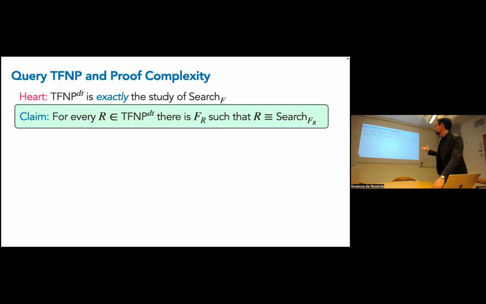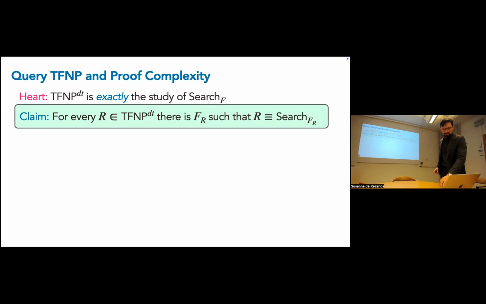So the reason you get this connection to proof complexity is that for TFNP, in the black box world, you can really forget about the particular total search problems you're working with and just focus on the false clause search problem. So everything can be rephrased as this false clause search problem.